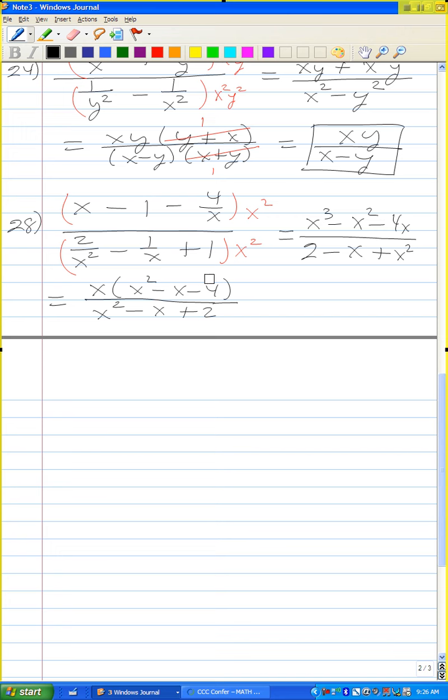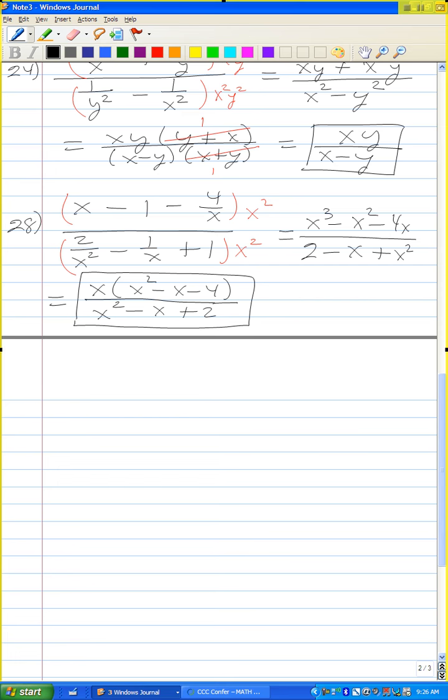I can factor maybe over the reals or complex numbers, but over the integers I can't find two whole numbers whose product is 4 and whose difference is 1. Neither can I find two whole numbers whose product is 2 and whose sum is 1. And so I am done.